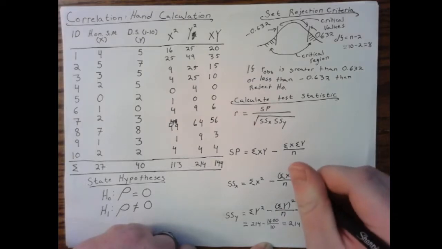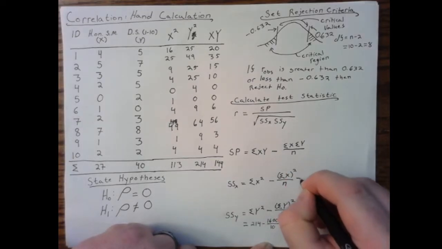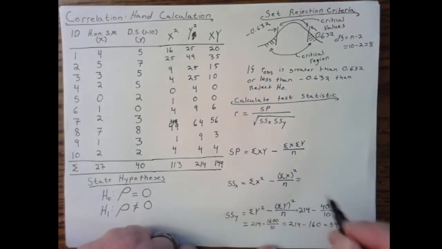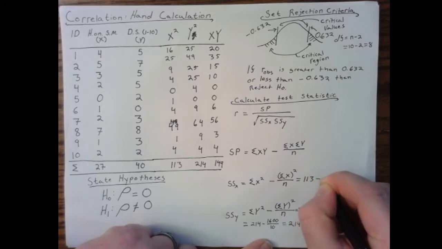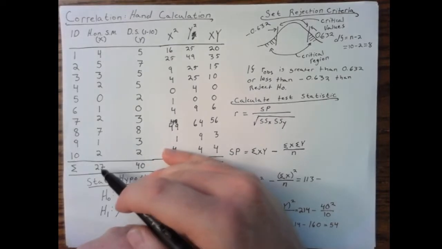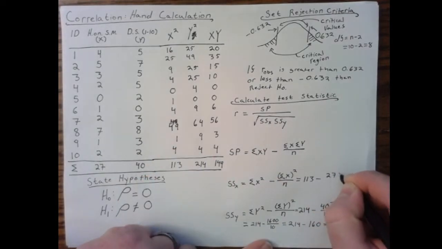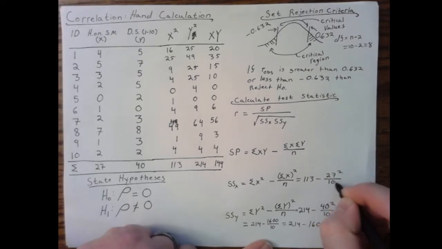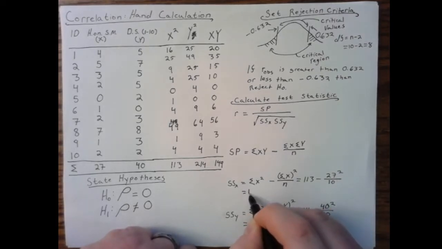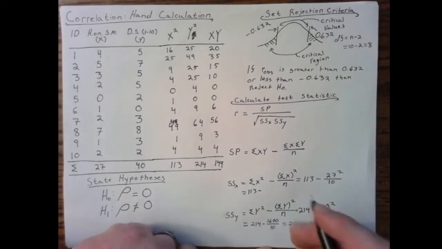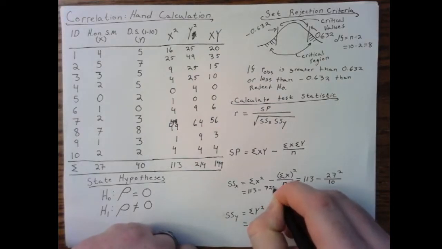Now I can go ahead and move up to the sum of squares of x. So I need sigma x squared, 113, minus the sum of all the x scores, 27, squared, divided by the number of scores that I have, which would be 10. 27 squared comes to 729 divided by 10.